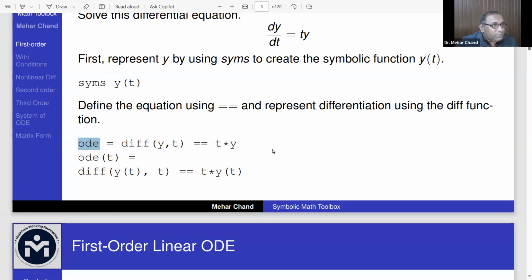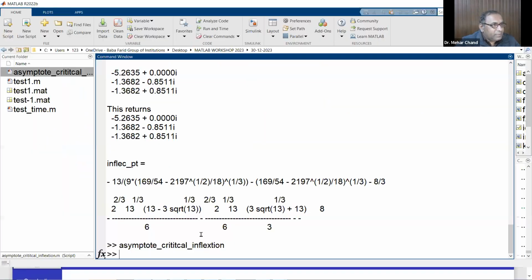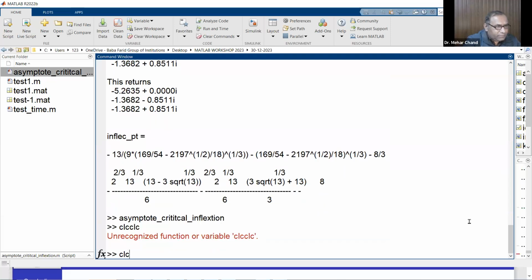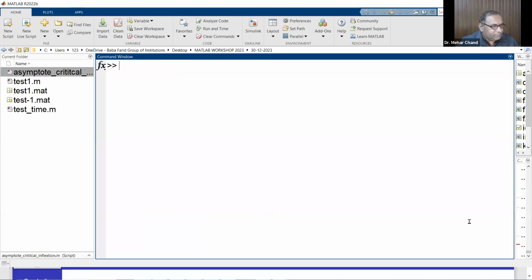When you execute, you can copy from this place and check in MATLAB. I'm using clc here. Why is this an error?